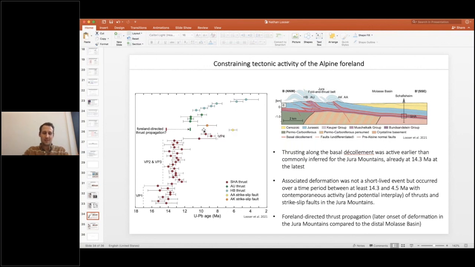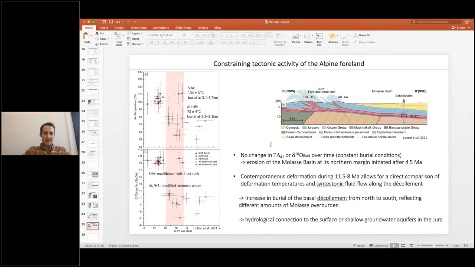Anyway, the problem here is we don't have a lot of data points from different faults and thrusts, so we can't really say it for sure, but our data is in agreement with that, so we wouldn't see out of sequence behavior.